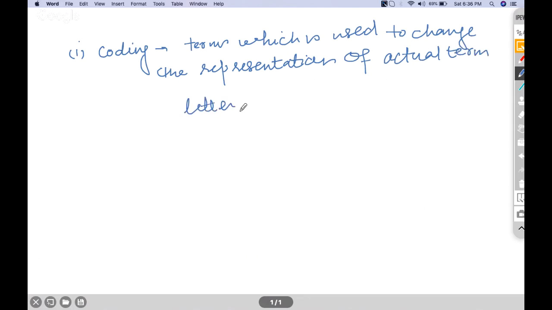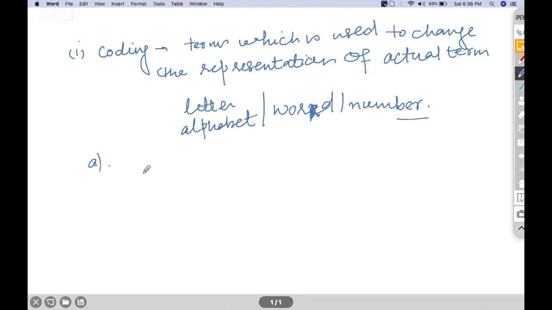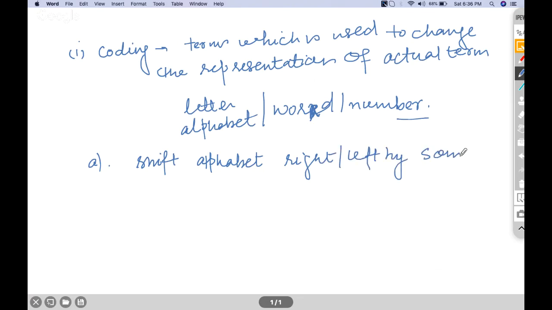And this actual term can be a letter, meaning an alphabet. It can be a word. It can be a number. It can be anything. So how is this done? This can be done in any numerical pattern, like shifting an alphabet right or left by some numerical value.